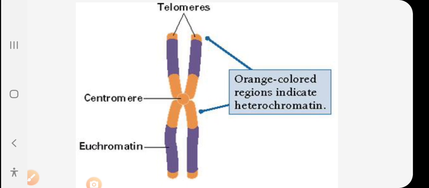The telomeres can prevent the union of one chromosome to another chromosome. They can prevent the sticking of one end of a chromosome to another chromosome, and more importantly, telomeres can protect the chromosomes from deletion.